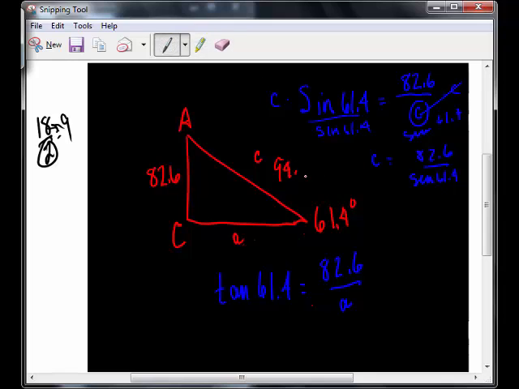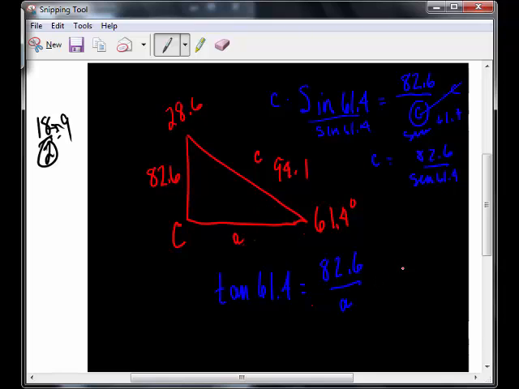I forgot to show that angle A was 28.6 degrees. Remember, we were supposed to subtract that from 90 to find that one.